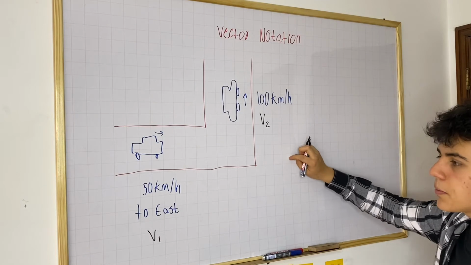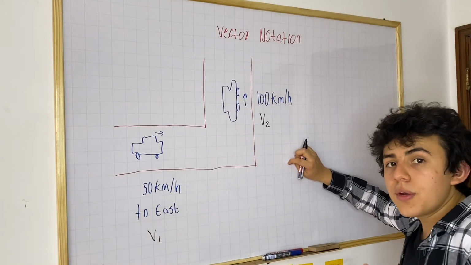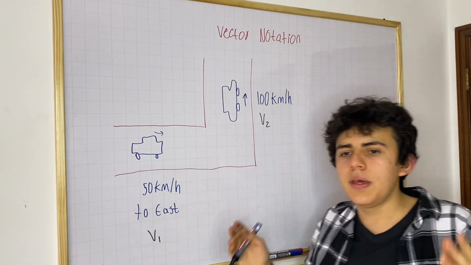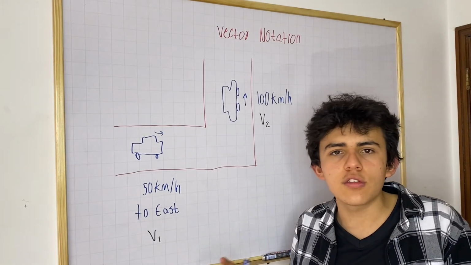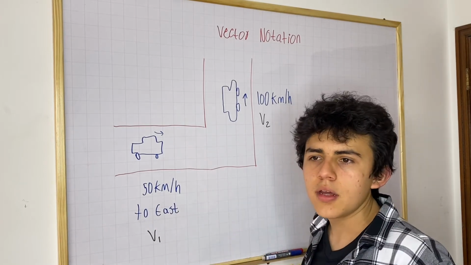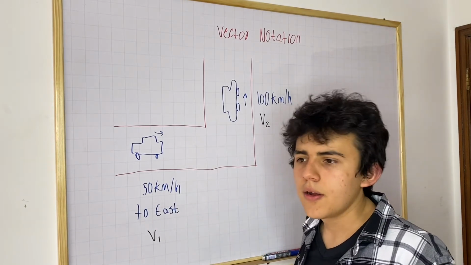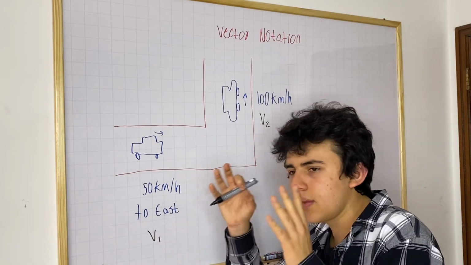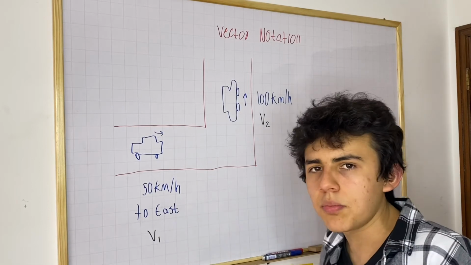Since we know the magnitude of a vector is how big it is, or the distance between the 2 points, you guys understand it: initial points and the distance between those initial and final points.